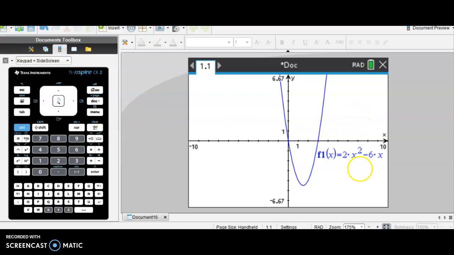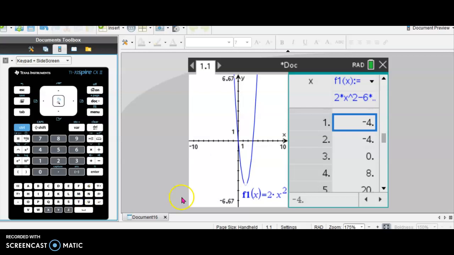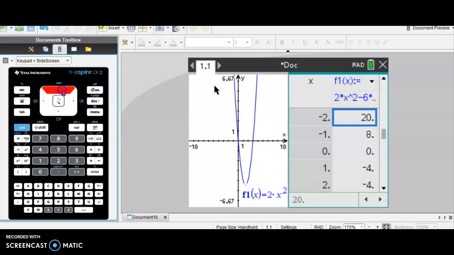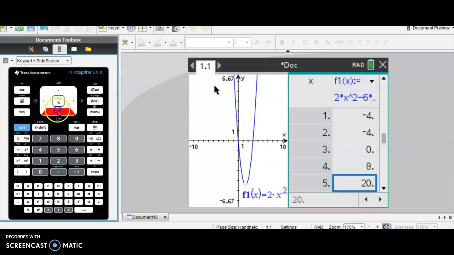Okay guys, I've already graphed it. You can see the equation here, but like I said, the important part is the table. So if you go to Control T, you can see the X's, remember, represent the number of rows, and the Y's represent how many seats are in those rows. Since I cannot have negative seats, I am not going to go up here. I can't have negative rows or negative seats, so I'm going to keep moving forward, downward.